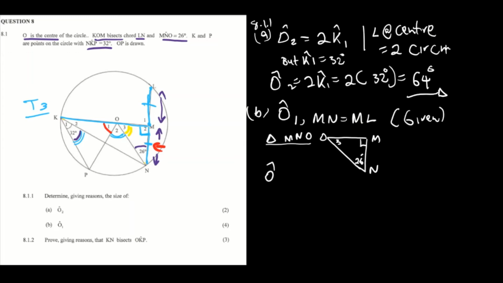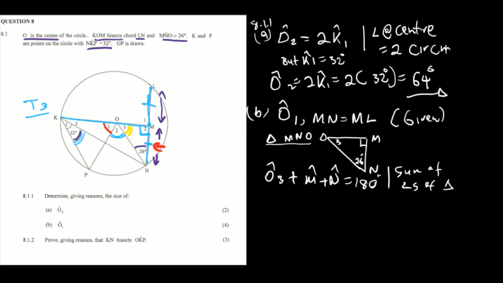So angle O3, let me remove this. So angle O3 plus angle M plus angle N is equal to 180 degrees. The reason for this is the sum of the internal angles of a triangle.